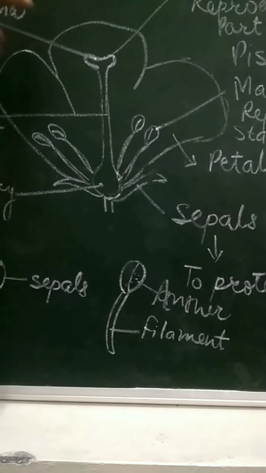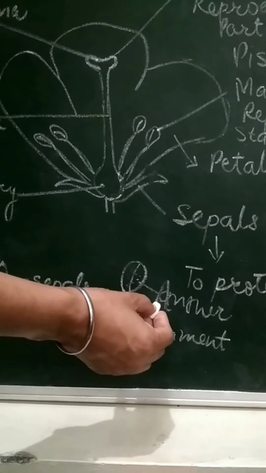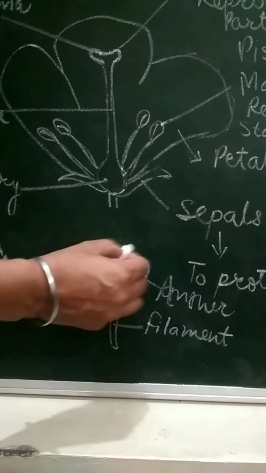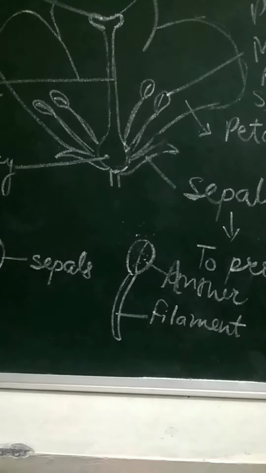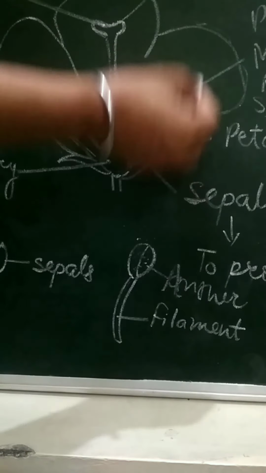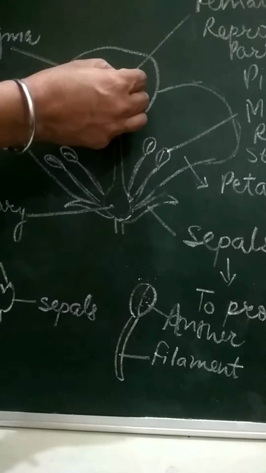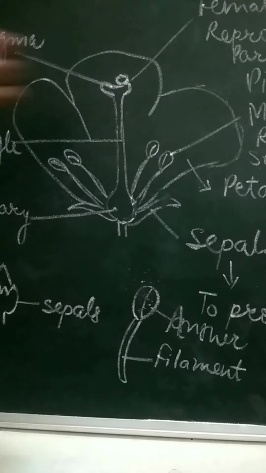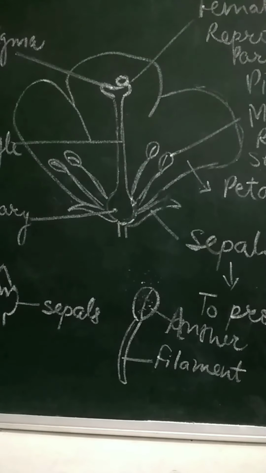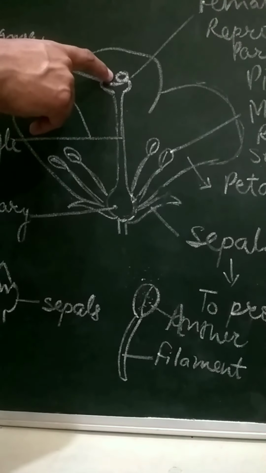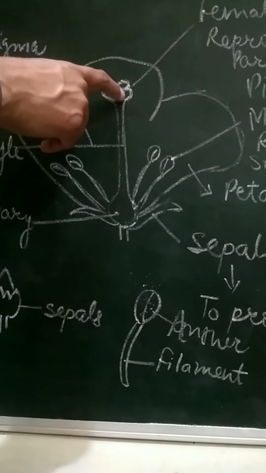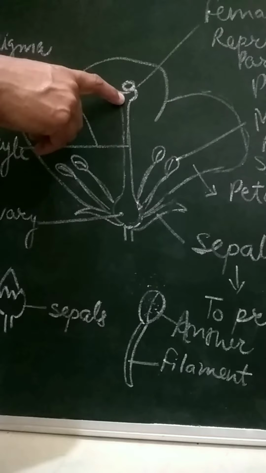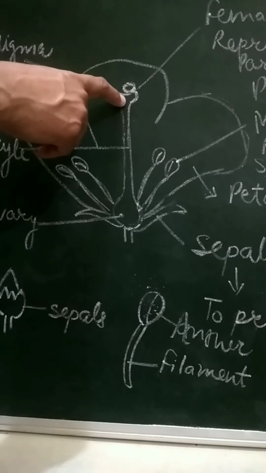When the flower ripens, the anther bursts and releases pollen grains in the air. And this pollen grain gets settled on the stigma of the flower. Now, if it settles on the stigma of the same flower, then this process is termed as self-pollination.